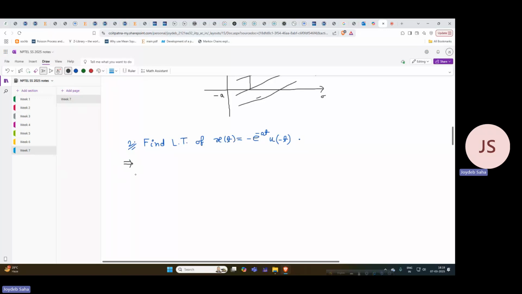So let us simply write that: x(t) is equal to minus e to the power minus at for minus infinity less than t less than 0, and 0 for 0 less than t less than plus infinity. Fine.